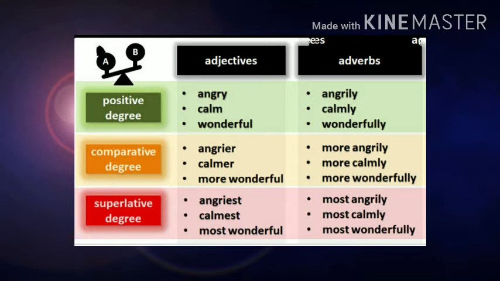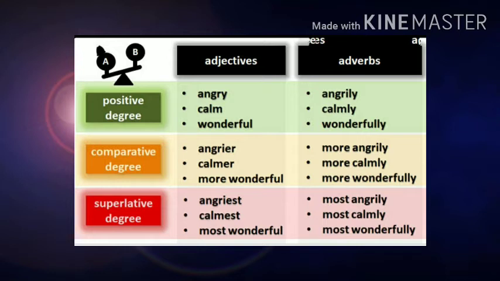Likewise, in the comparative degree, when you take the example word angrier as an adjective, in adverbs it is more angrily. When you take calmer, in adverbs it is more calmly.